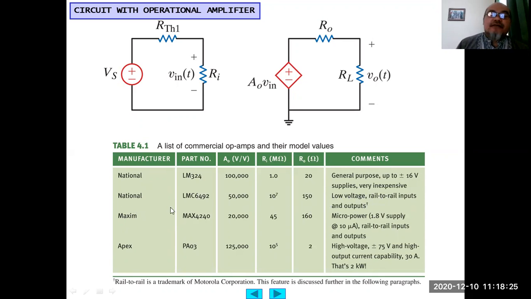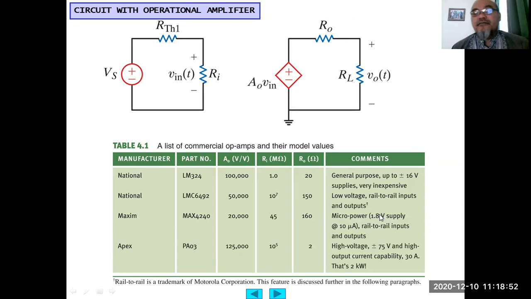Maxim manufacturer produces Max 4240, the very small op-amp that we just saw in the previous slides. It has a 20,000 gain, 45 mega ohm input impedance, so very high, and 160 ohm output resistance. It is micro power.